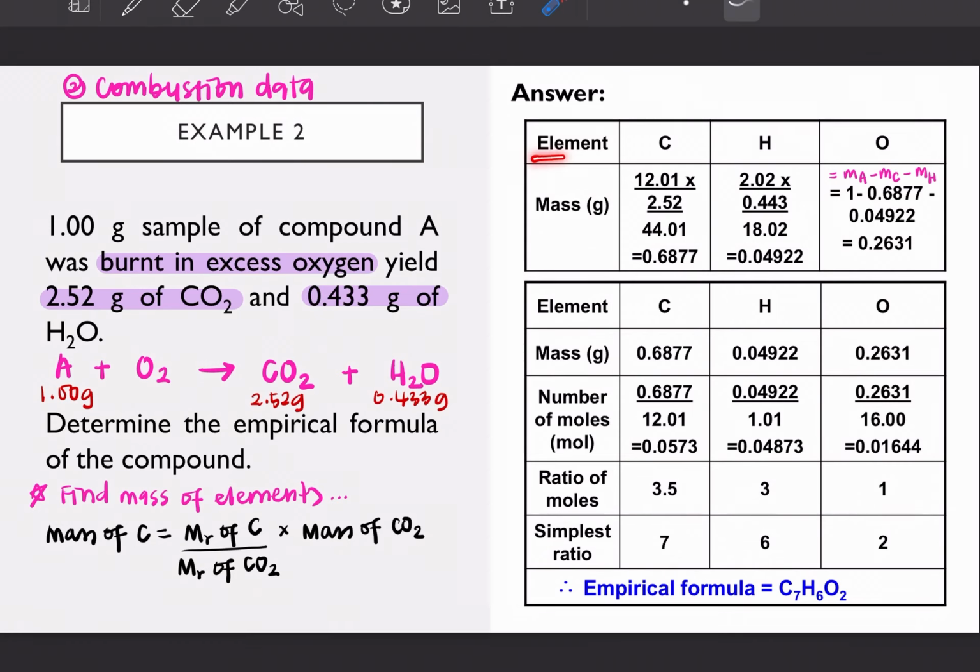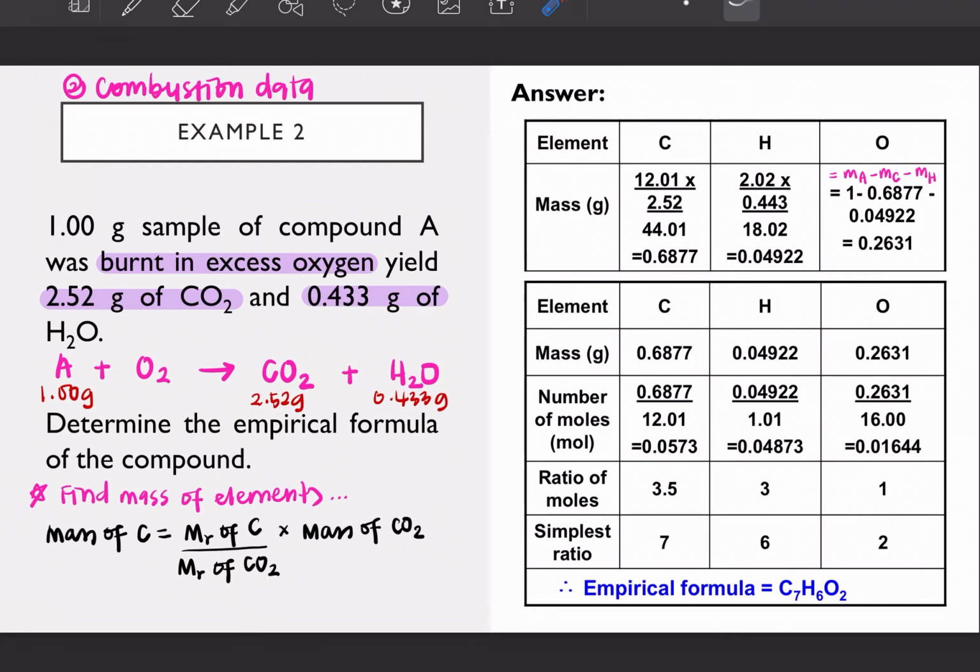So, as usual, write the elements: carbon, hydrogen, oxygen, because those are the elements that we have. And then you write down the mass in grams. To find the mass of your element carbon, you will use this formula here. Mass of carbon equals the molar mass of carbon over the molar mass of carbon dioxide, so it is like a fraction, times the mass of carbon dioxide.